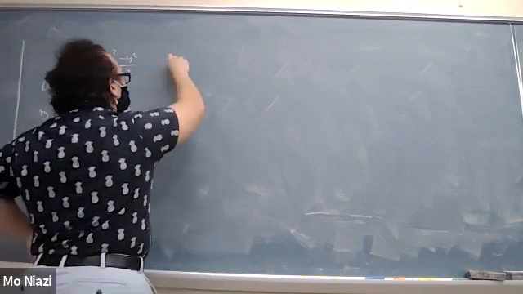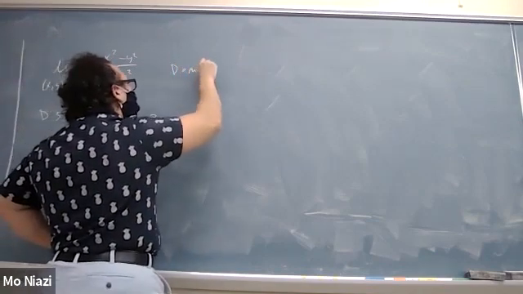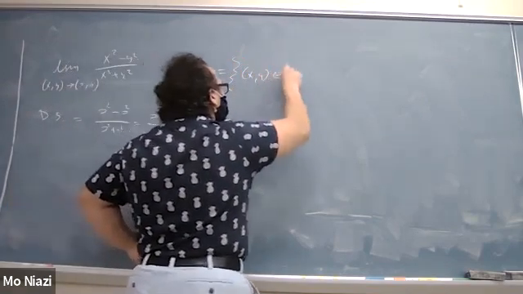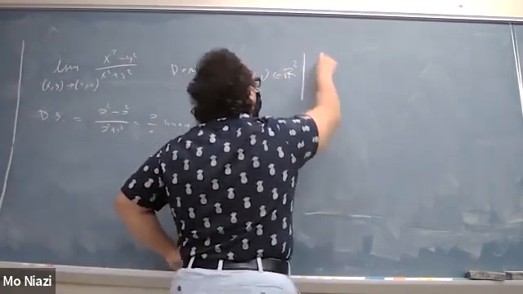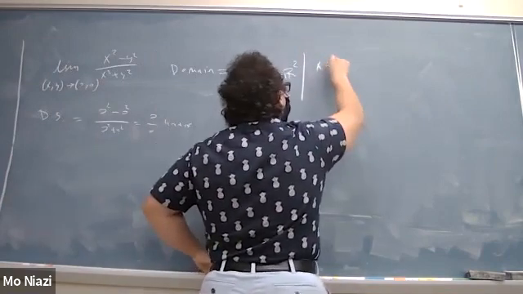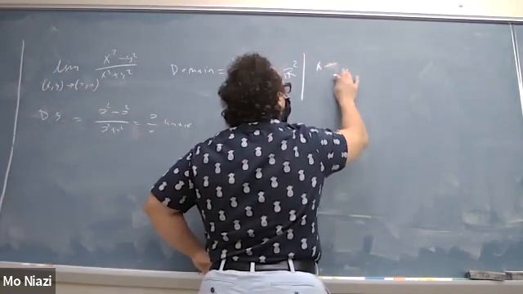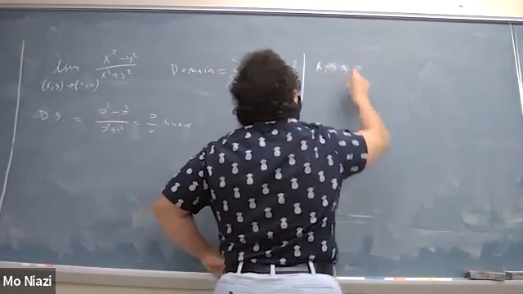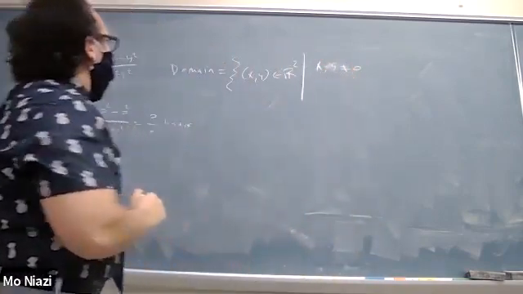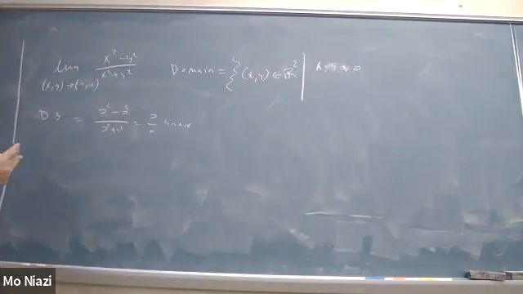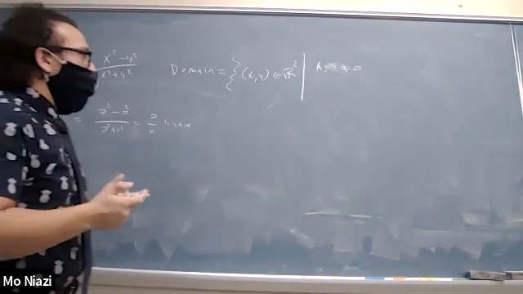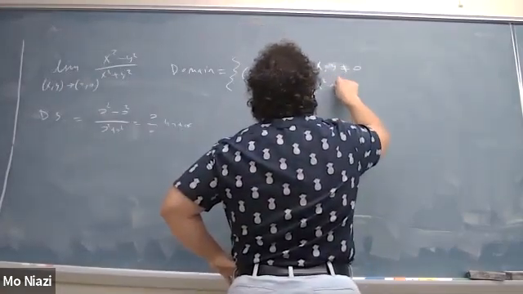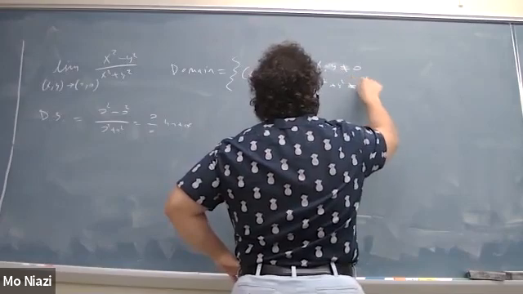So the domain of this function is equal to the set of all x, y, an element of R2 such that x and y do not both equal 0, because if they mutually equal 0, then their sum will add up to 0. Furthermore, x squared plus y squared doesn't equal 0.